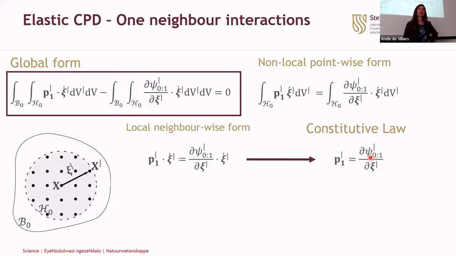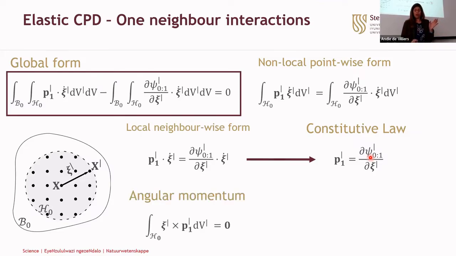Maybe we take a step back. In classical continuum mechanics, we want to satisfy all the conservation equations, and how we make sure that the angular momentum is satisfied is we require that the stress tensor is symmetric.